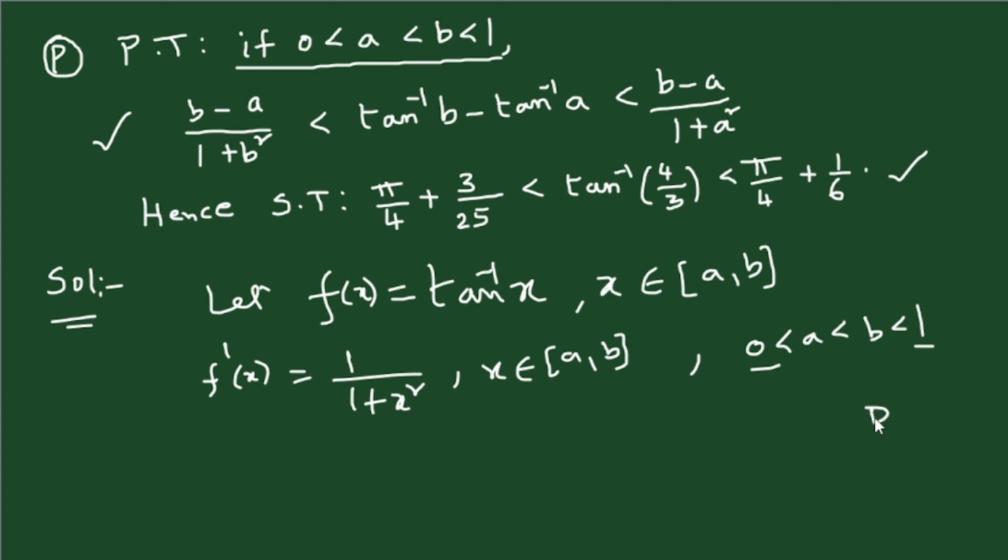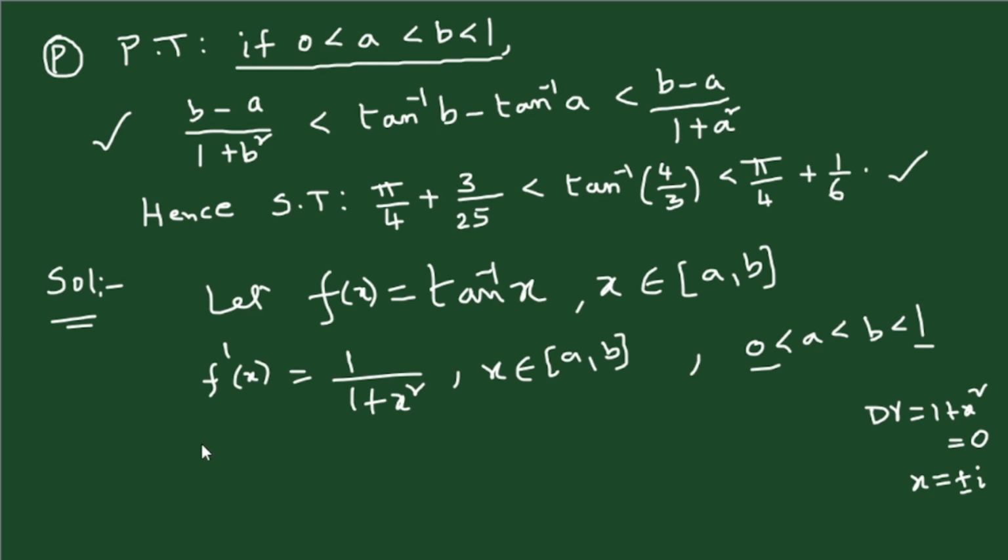If you make 1 plus x square equal to 0, you will get complex roots, plus or minus i, and in the real line you don't have the roots. Therefore, the denominator is never 0 for any point in between 0 and 1, in fact for any point on the real line.